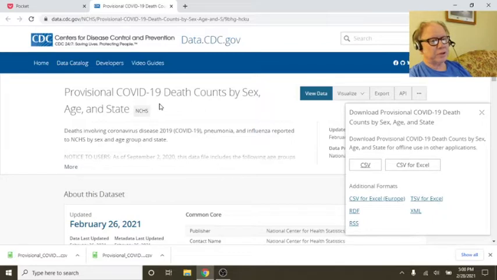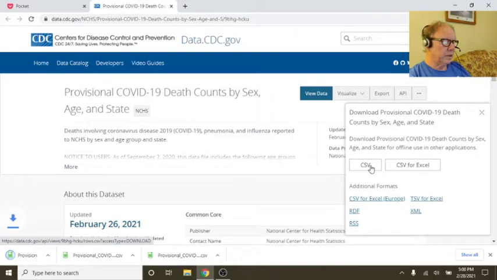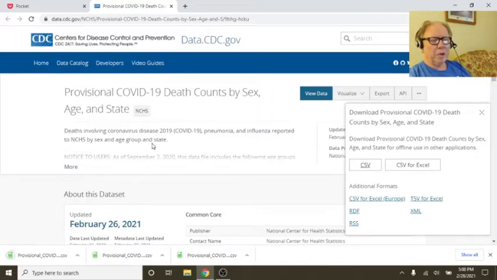A provisional death is one that's been reported, but for which a death certificate has not been received. This report is updated every week on Thursday for the previous week. So the report ends on Saturday, but it's updated the following Thursday.